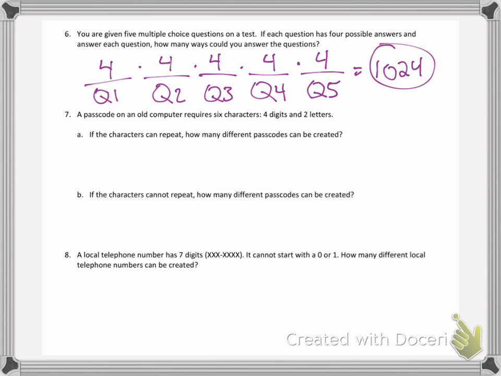These last couple here, we're going to talk about some things with digits and letters, just because these are common questions that you see. And actually, this is a pretty easy and common use of the fundamental counting principle and some of the other counting concepts that exist, because ultimately this is why passwords have so many different variants. If you notice, when you use a password, you have to do a whole bunch of things: you need at least 8 characters, but they all can't be letters, they can't all be numbers.